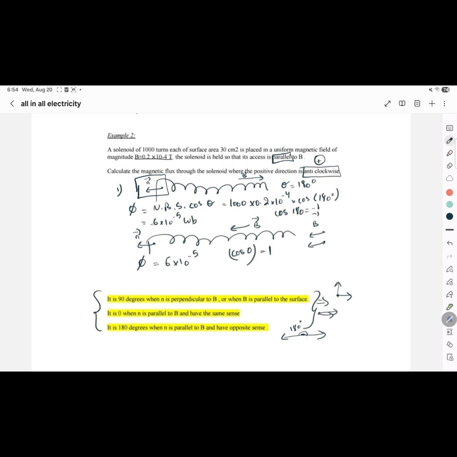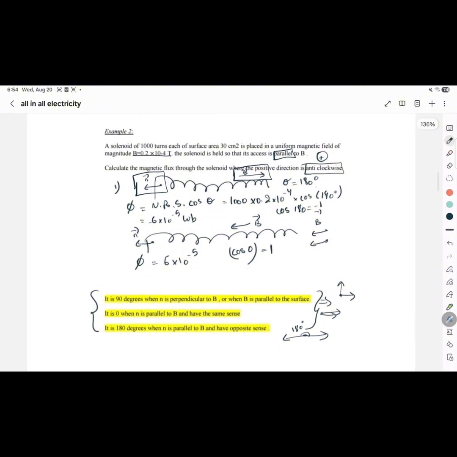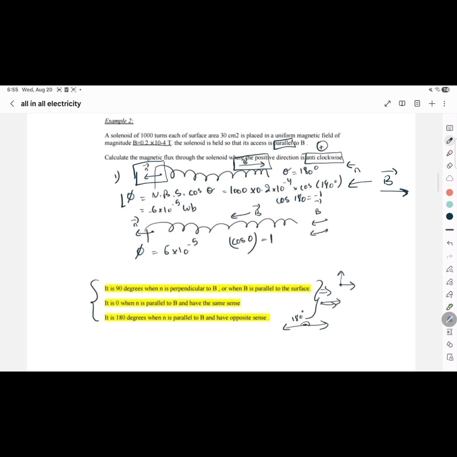And B here is inward because they told us that the positive direction is anti-clockwise. So in this case, the angle is 180 degrees because the normal is going outwards while the magnetic field is going inwards.